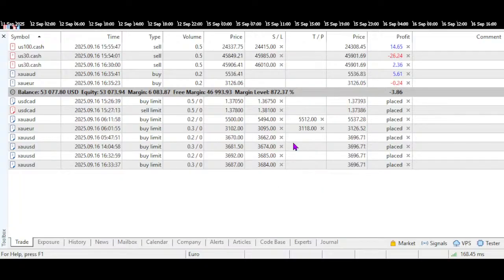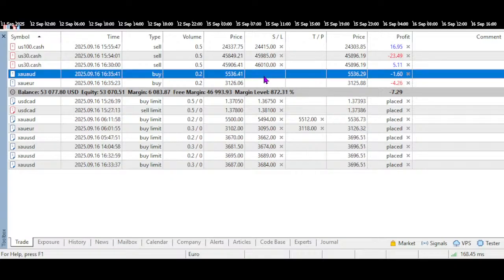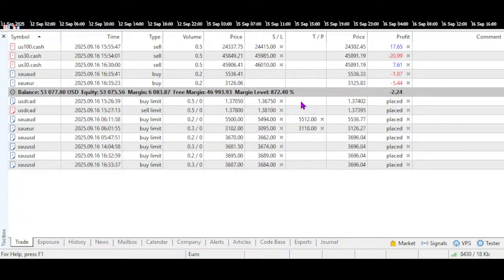So maybe I'll put it as 89. So for this I need to put my stop, so I'll put it as $6 away. And this one also about $6 away. Later I'll do the adjustments.